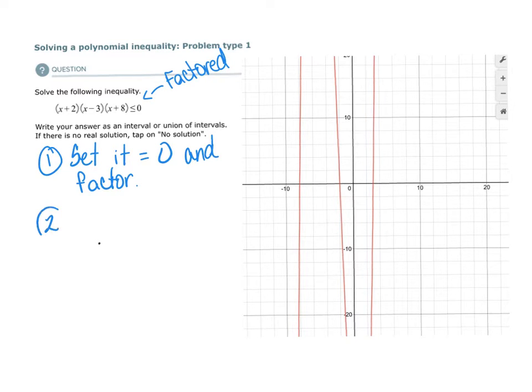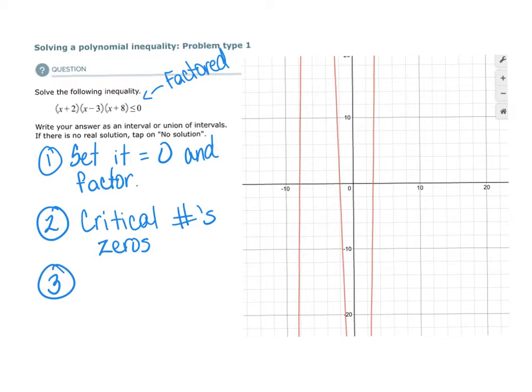The second part, which is probably the more difficult part and what students aren't quite sure what to do about, is we have to find our critical numbers. In this situation, our critical numbers are our zeros. The way that we find that is that we set each one of these factors equal to 0.